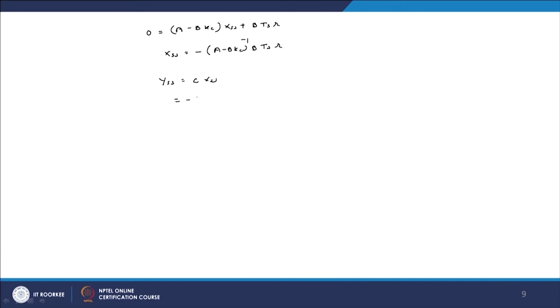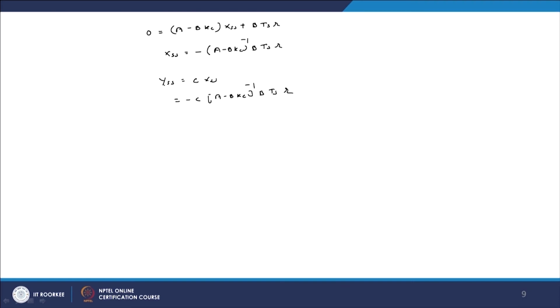So we can write down minus C A minus B Kc inverse B into Ts into R. Now here is the steady state output. If there is no Ts, there will be no Ts in this equation. Now we have got yss.